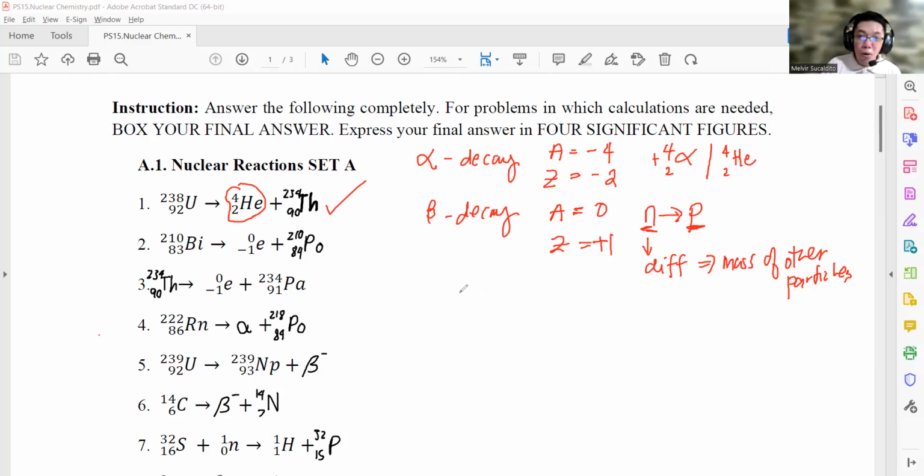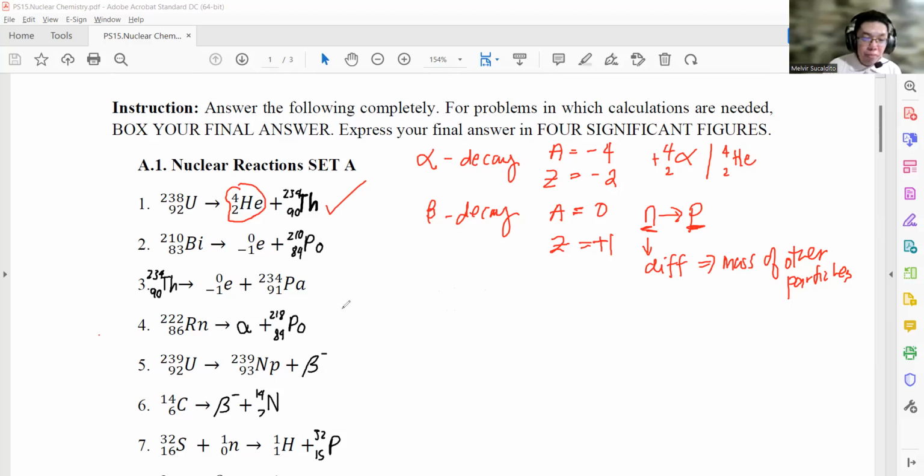Possible ha. Or energy might be released, but impossible din naman na hindi natin ma-detect kasi kahit small change in mass dito sa nuclear chemistry, tremendous amount of energy can be formed.